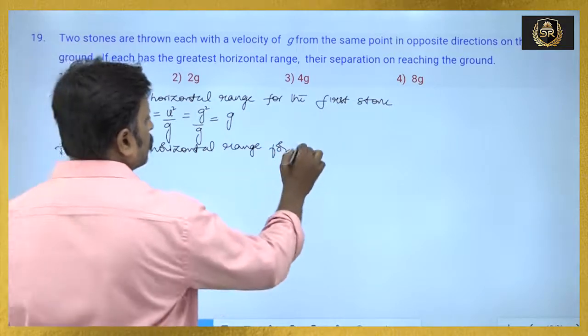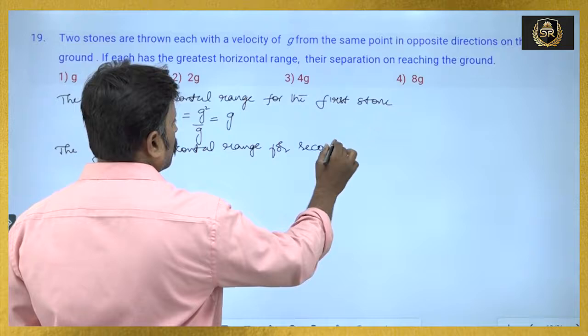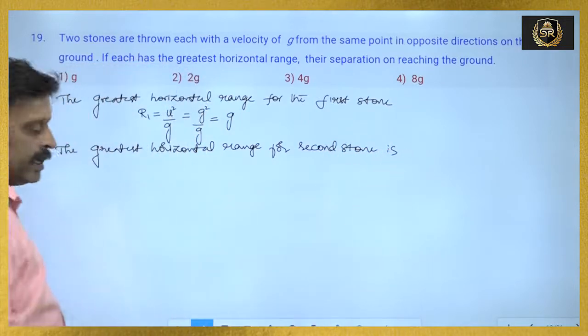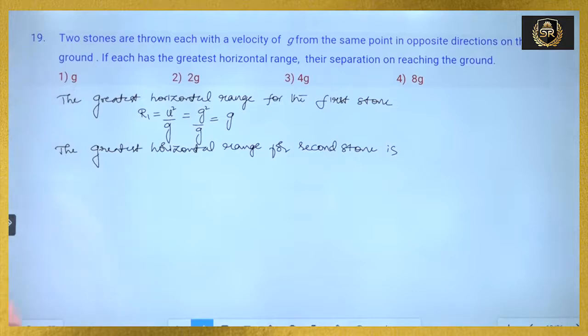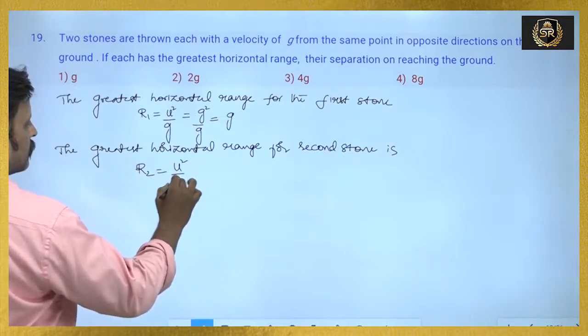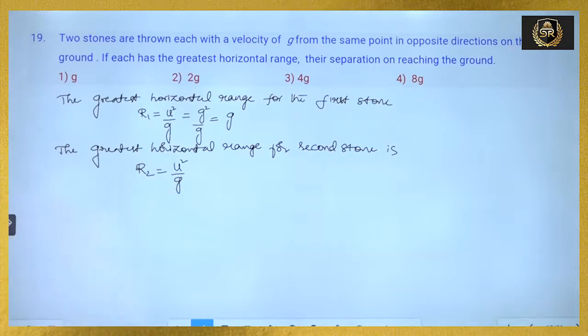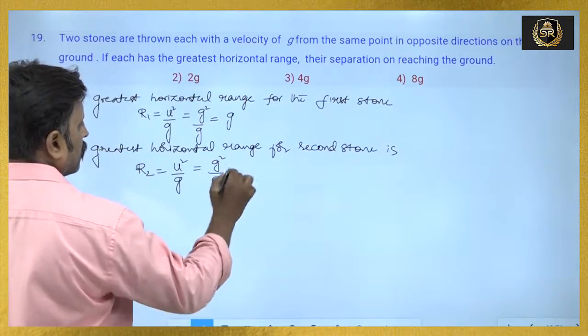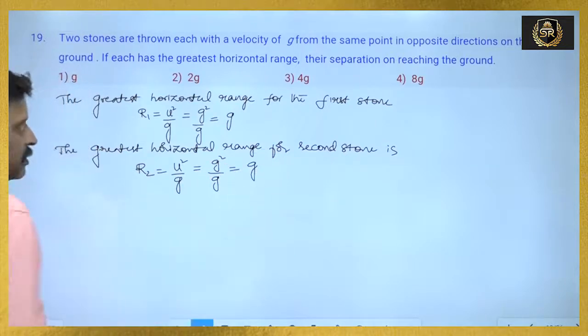For the second stone, R2 is u square by g. This is again g square by g, which is equal to g.